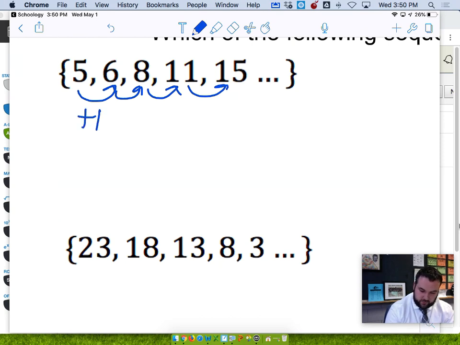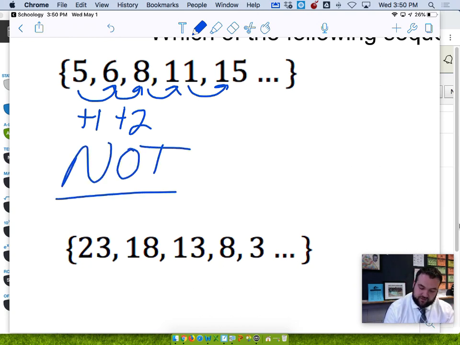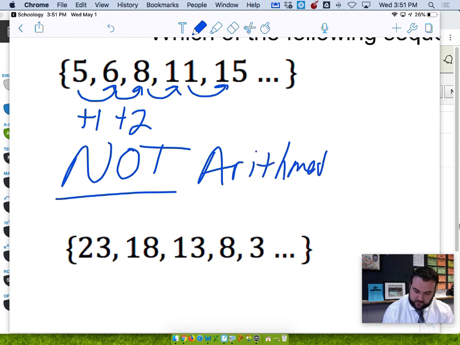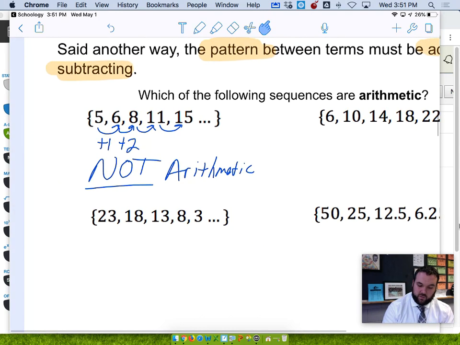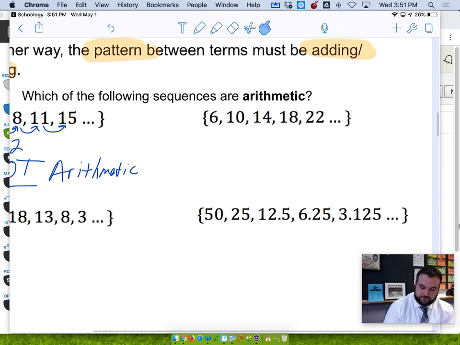From 6 to 8 is plus 2. So automatically, I don't even care what the rest of the pattern is. This is not arithmetic, because if the first difference is plus 1, then it has to continue being plus 1 over and over again. There actually is a pattern there, but we're not going to put a name to that type of sequence.